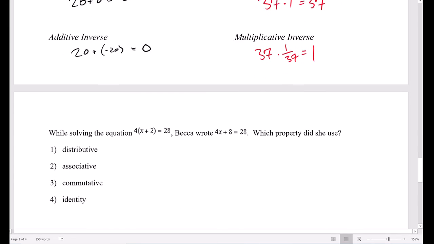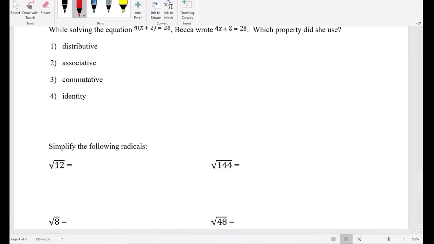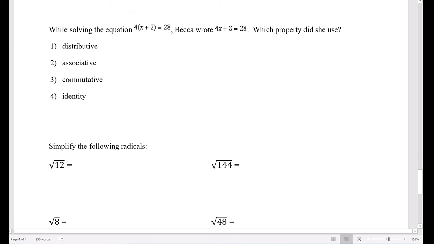Okay, a problem related to those properties there. It says here, when solving the equation 4 times the quantity x plus 2 equals 28, Becca wrote 4x plus 8 equals 28. Which property did she use? So she went from 4 parentheses x plus 2 close parentheses equals 28 to 4x plus 8 equals 28.